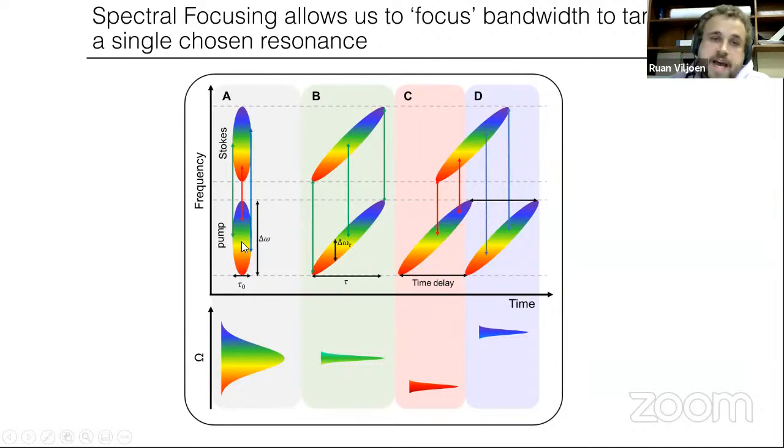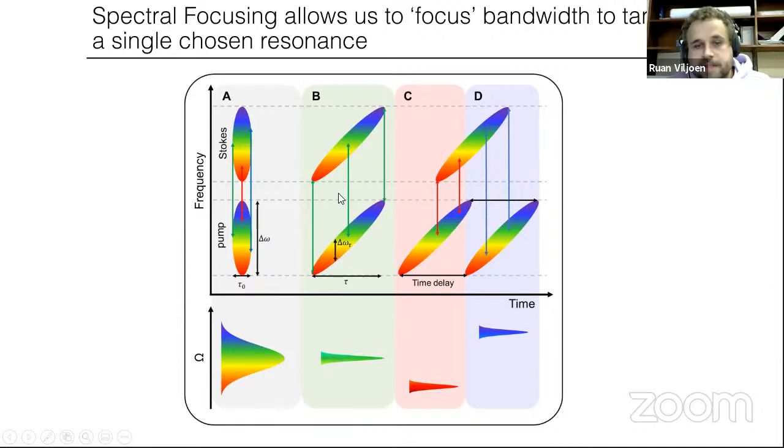If you were to add two identical pieces of glass in the beam lines for these two beams, then you will chirp them linearly in time, and you will have only certain frequency components overlapping in time. Also these components are all a constant spectral distance away from each other. What this effectively does is it focuses your entire spectral bandwidth to only target a much smaller region in your chosen excitation spectrum.